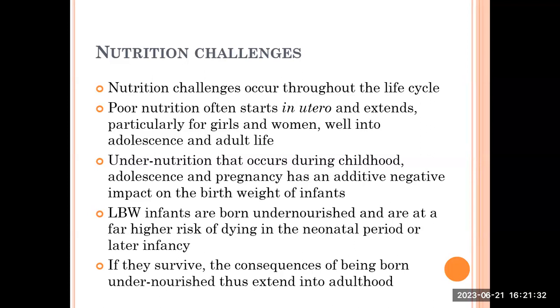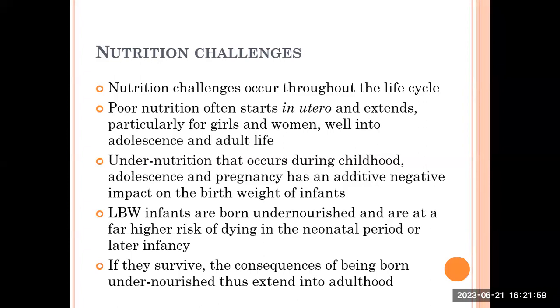However, it's very, very important to recognize the fact that when there is poor nutrition, which starts very often in the mother's womb, in utero, that poor nutrition extends beyond the conception.